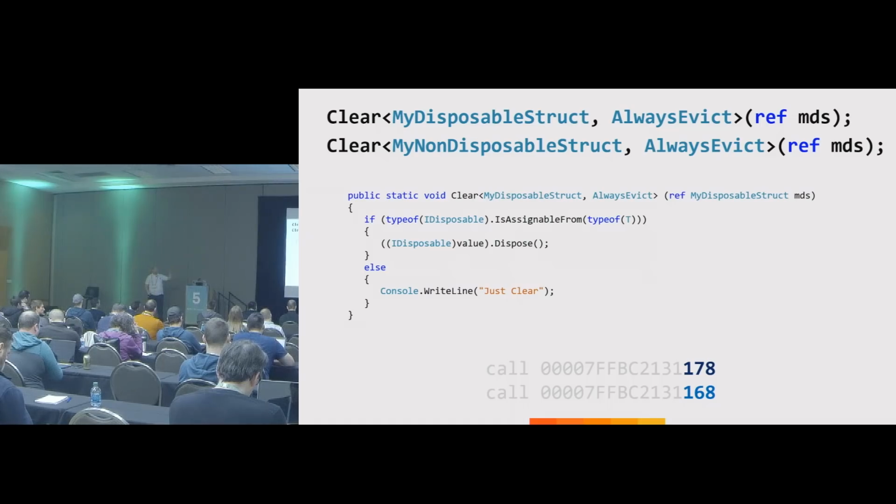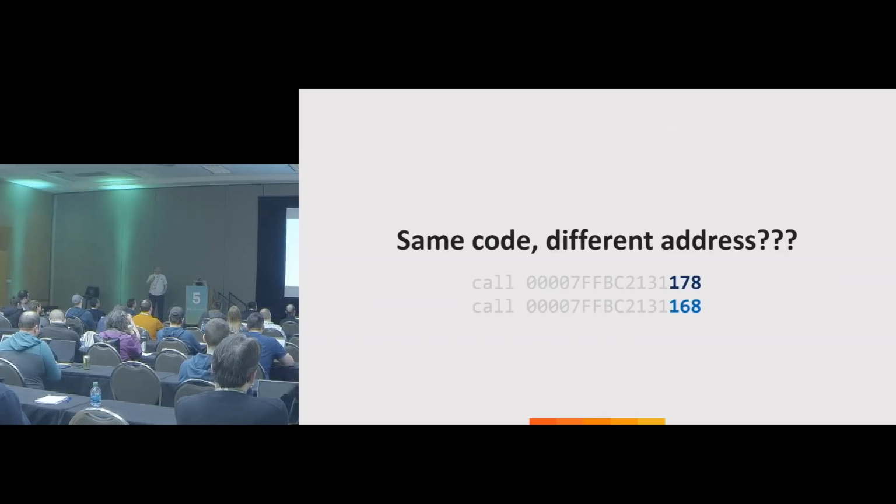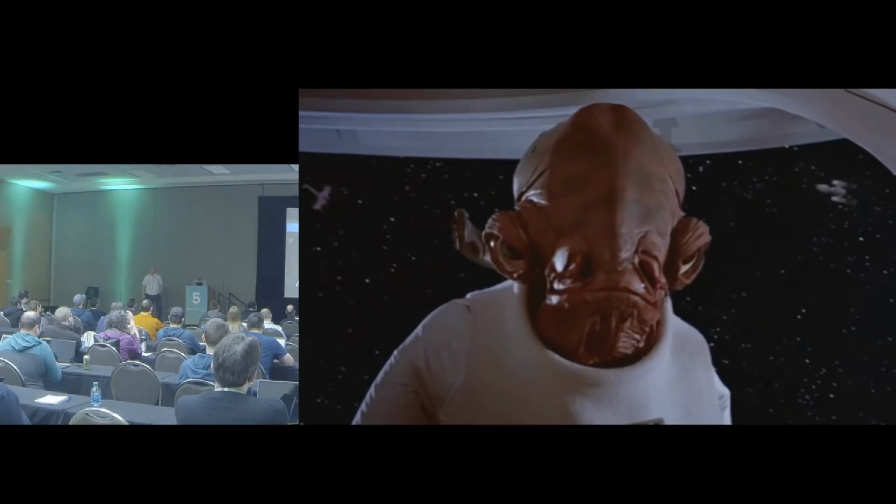So if I look at this and I see typeof(IDisposable).IsAssignableFrom(typeof(T)), and it's not getting rid of it, I don't know about in your country, but where I come from, this is a bug. So yes, it's already reported. I already reported it, so you can go to GitHub and vote for it.